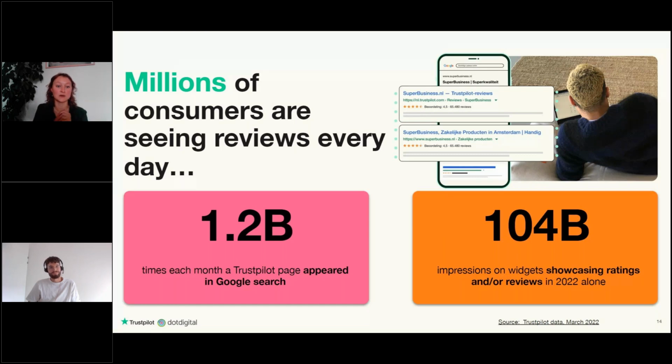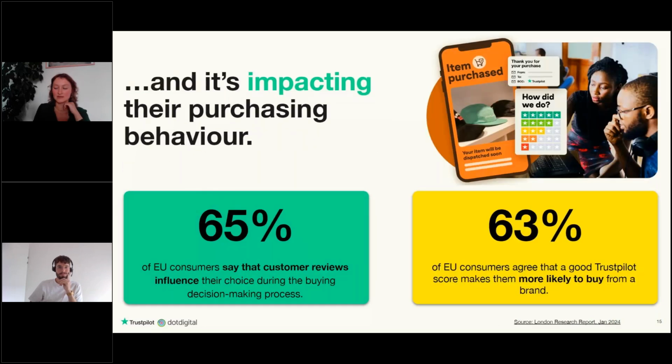We're also seeing 104 billion impressions on widgets that customers have on their website, where companies are showcasing these reviews. So customers are looking at which touch points throughout these channels they can actually rely on. And we also see, and this is quite interesting, that it's impacting buying behavior a lot.